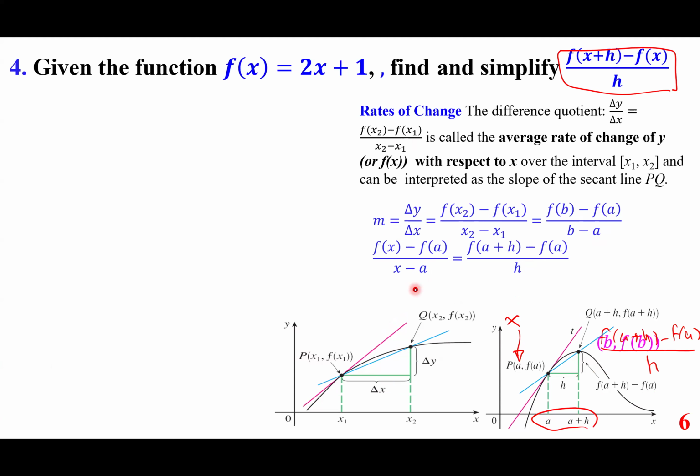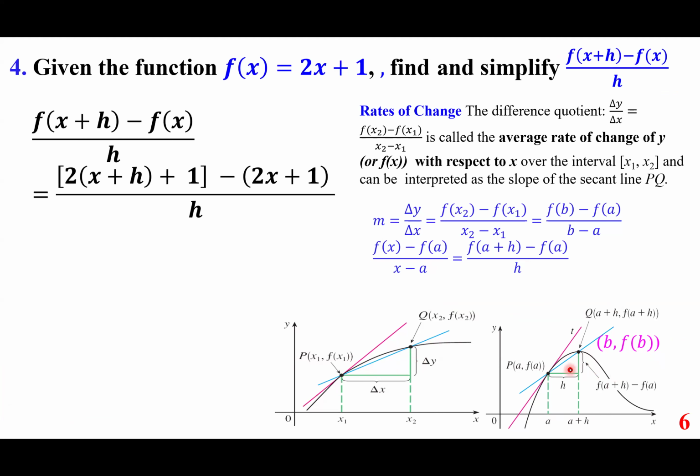For example, you can say this is a, this is x, and it becomes this one. The bottom line is rise over run. Okay, so let's calculate it for this case.